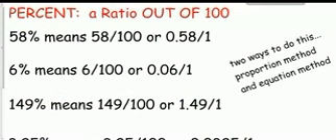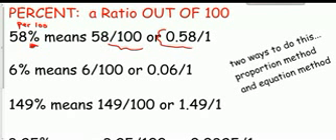All right, going on into the actual lesson here. Percent literally means per 100. And so we say that percent is a ratio out of 100. When you see the symbol percent, that is replacing the notation of divide by 100. So 58% means 58 out of 100.